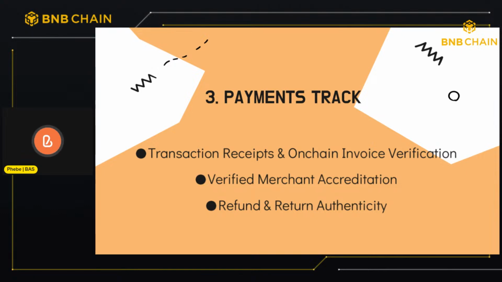Therefore, a merchant verification system can be built based on BAS to enhance buyer confidence by verifying a merchant's credentials, transaction history, or customer satisfaction ratings. This is applicable to identity verification for C2C merchants.